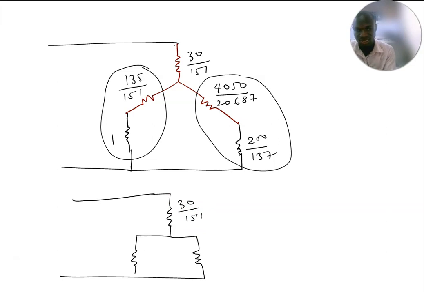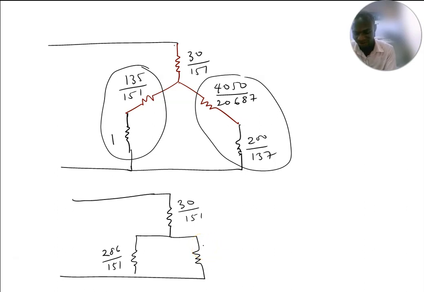Then we have 135 divided by 151 plus 1. They are in series, so plus 1. And that is going to give us 286 on 151. You get it?